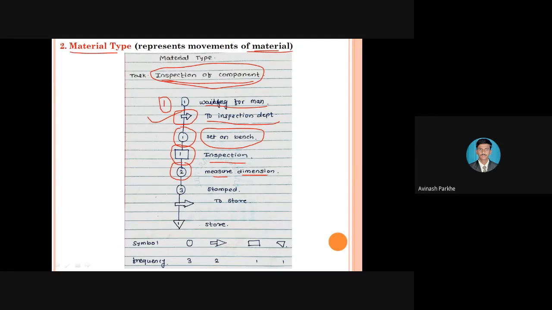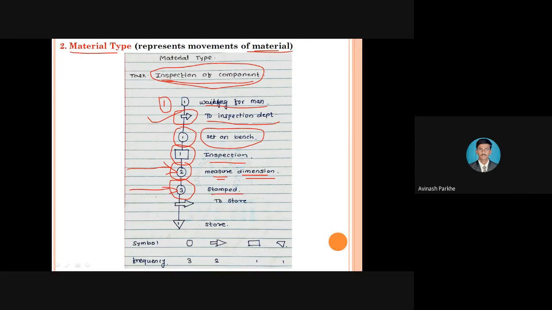But here we have to represent only the task performed on the material. Therefore the fifth symbol, this circle, represents measuring the dimensions on that material or product.